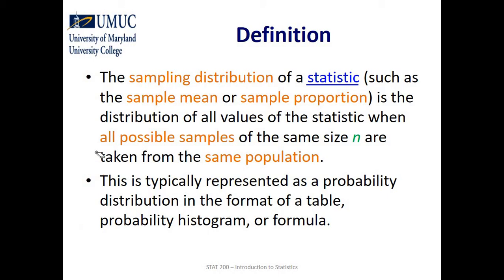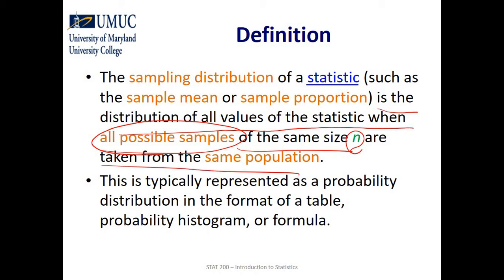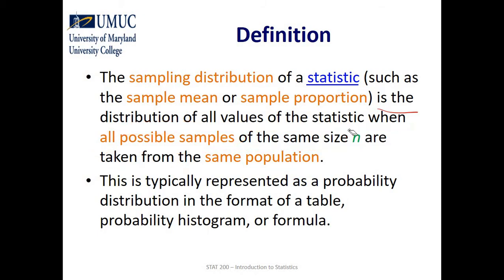Now, the sampling distribution of a statistic is the distribution of all values of the statistic when all possible samples of the same size, little n, are taken from the same population. So what does that mean?